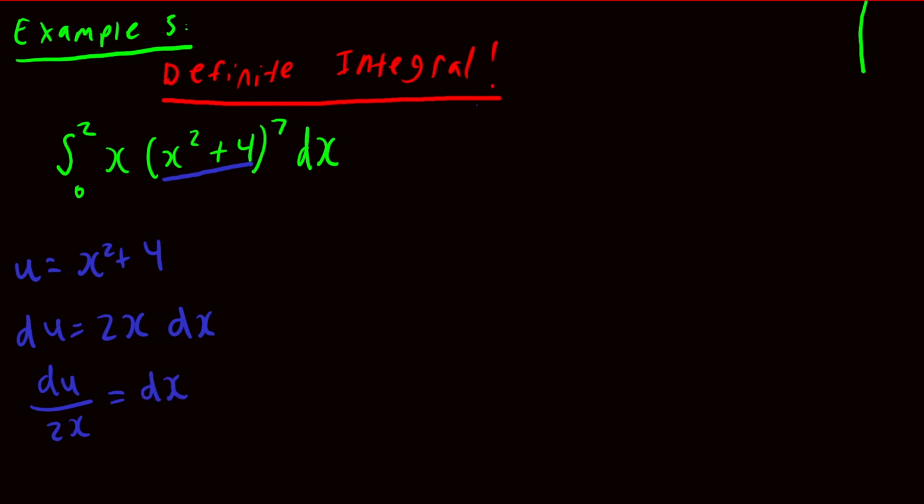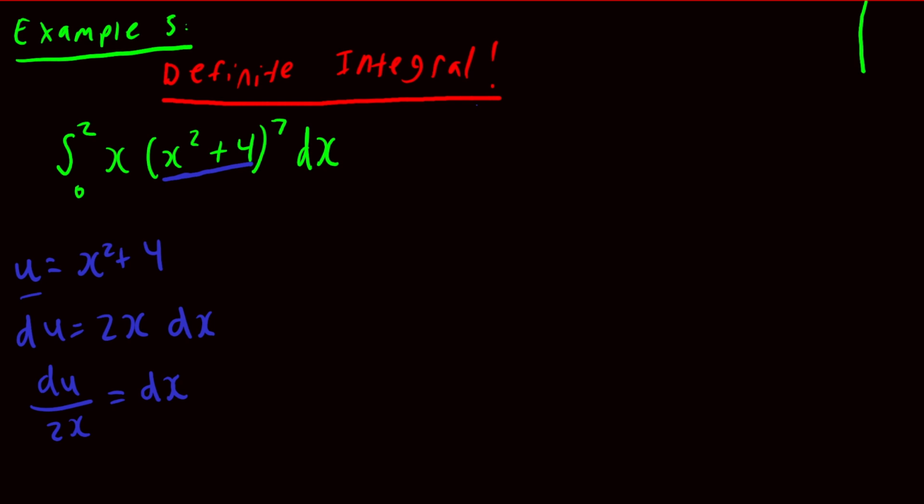Now, the thing with definite integrals, you're going to have to change the bounds. So now this is the hard part about definite integrals compared to indefinite. So when you switch from x to u, you're literally changing the entire language of the integral.